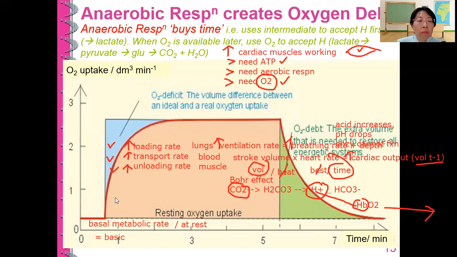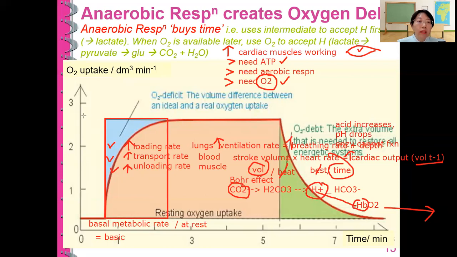So this is how our body has to adjust before it can bring in the volume of oxygen that's needed by the muscle cells in order to produce enough ATP. Which means to say, during this time period here, some of the cells will have to go into anaerobic respiration to produce the ATP, right?